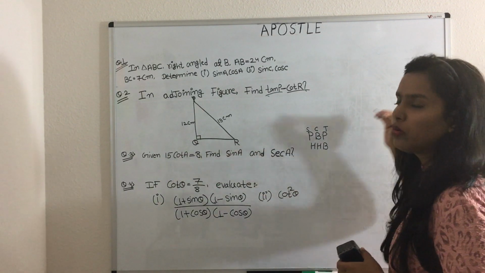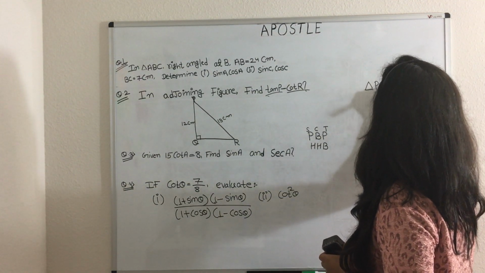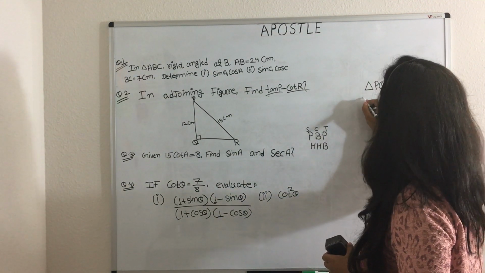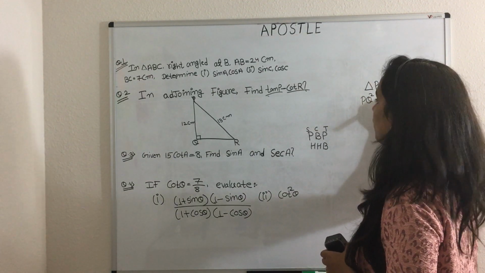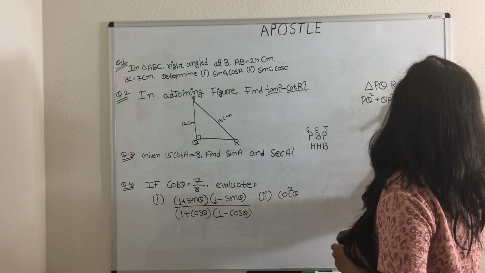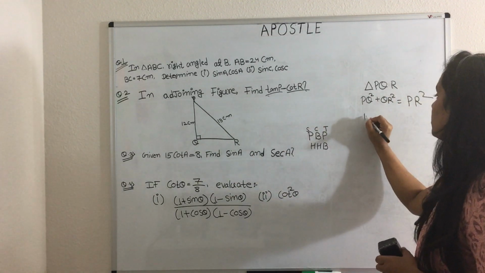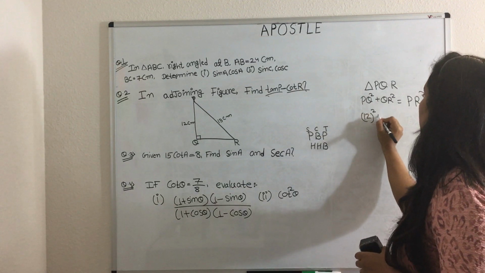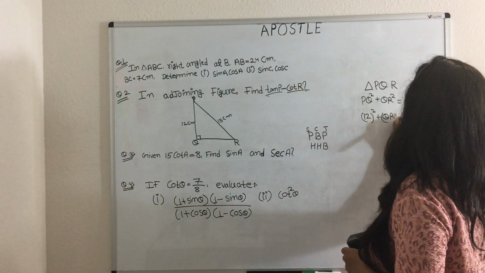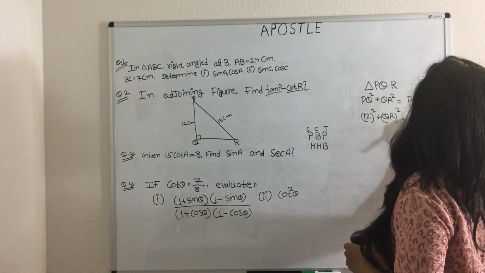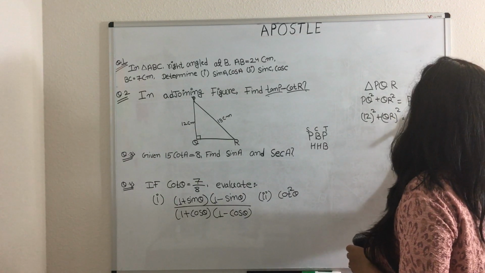So first of all, I am going to apply Pythagoras theorem in triangle PQR. So what can we write? PQ square plus QR square is equal to PR square. PQ is 12, so it is 12 square plus QR square, which we have to find, equals PR square. PR is 13, so it's 13 square.